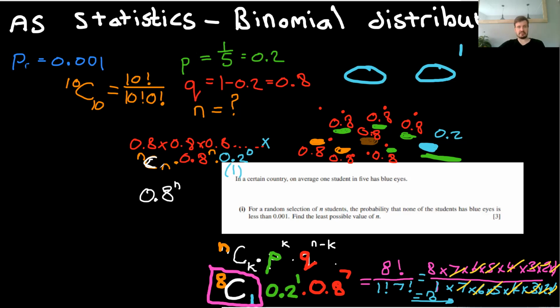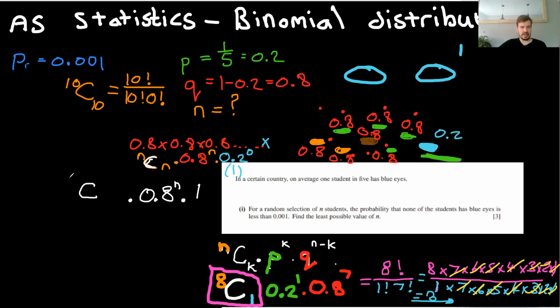And as I say, in the memo for this question, this nCr is not going to be there because it's going to be 1. And let's look at why. We've got the 0.8 to the n, and we've got the 0.2 to the 0, which is 1. Now let's do this bit here.